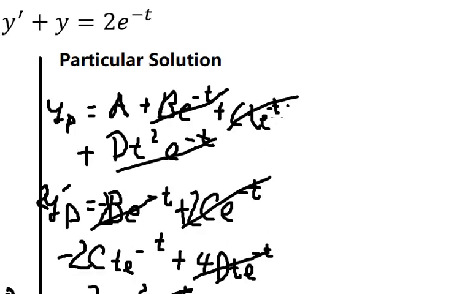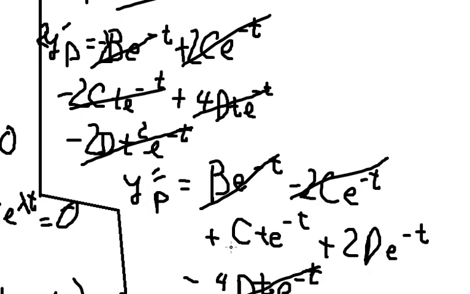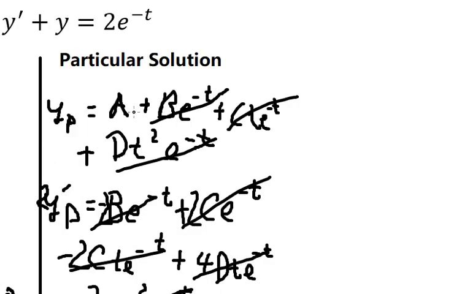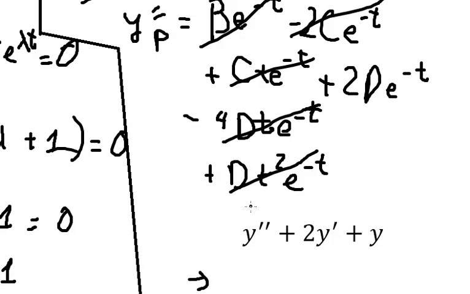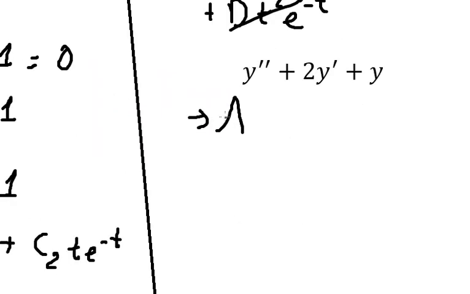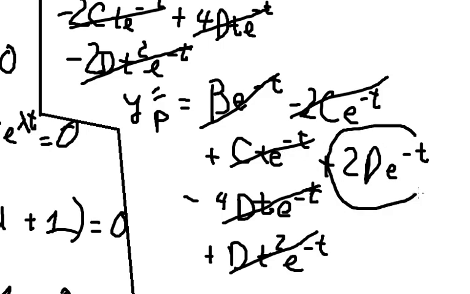We simplify this one in here. After we simplify everything, we just have only capital A in here and 2d e to the power of negative t.